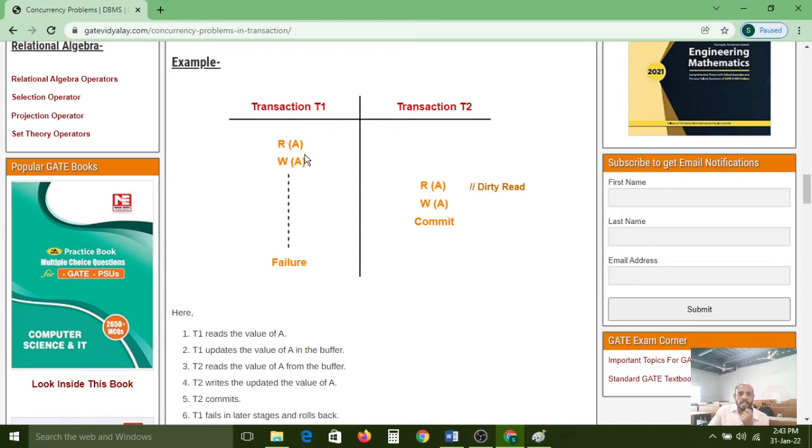If you write anything on the A account, first it will be saved into the buffer memory.